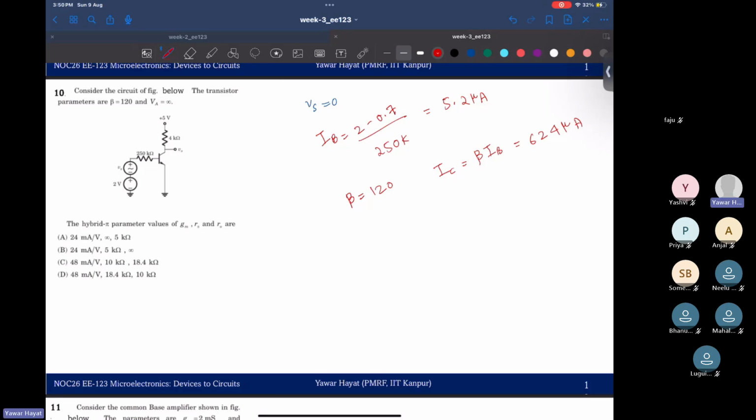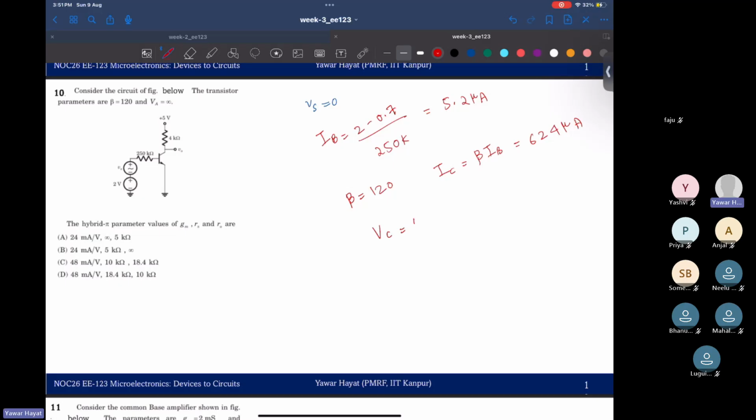Now, to check if the transistor is active, what is the collector voltage VC? I already know this IC, and I know this, so I can compute this V0, that would be my VC.